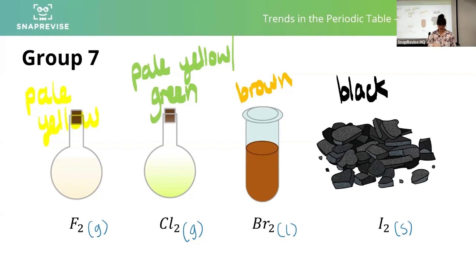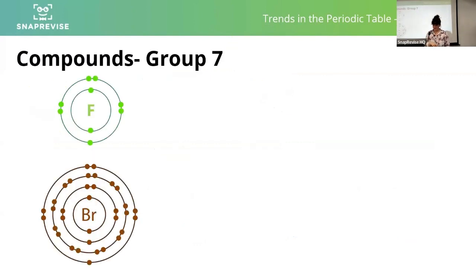Okay, let's have a look at them forming compounds then. Group 7 means they're over on the right-hand side. They are non-metals. All chemical elements react to produce compounds or molecules, and they react to gain a full outer shell of electrons.